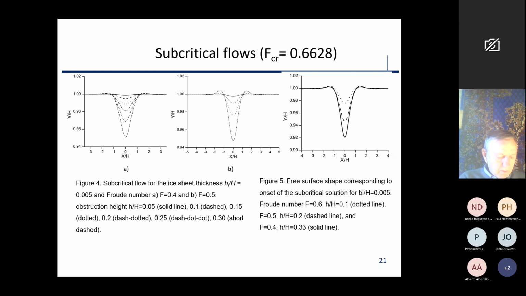And in figure 5 is shown one set of subcritical flow solutions for ice thickness 0.05 and different Froude numbers. This is for Froude number 0.4, the limiting case, for Froude number 0.5 the dashed line, and Froude number 0.6 the dotted line. Actually the same.